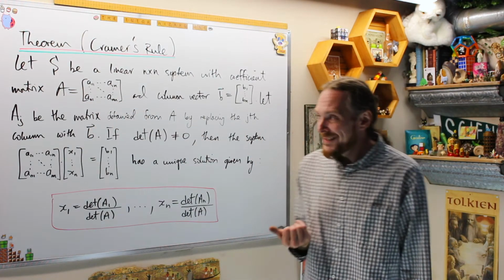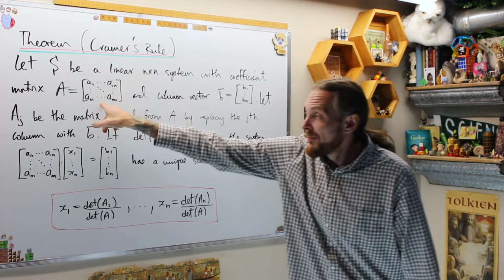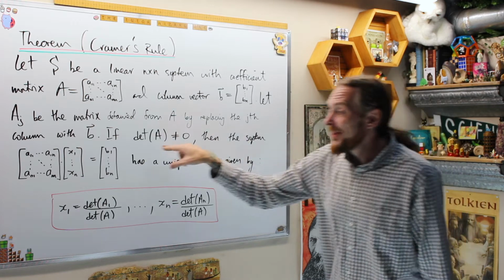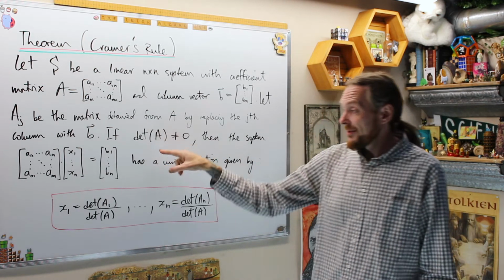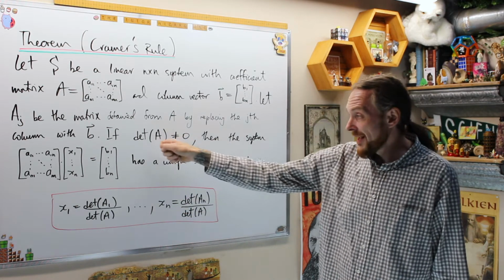What does Cramer's rule say? Cramer's rule says if you have a linear n-by-n system S, with coefficient matrix A and column vector b on the right-hand side, and the determinant of A is not zero, which is important, you can't solve all linear systems this way, only unique-solution ones, and that's how you tell.